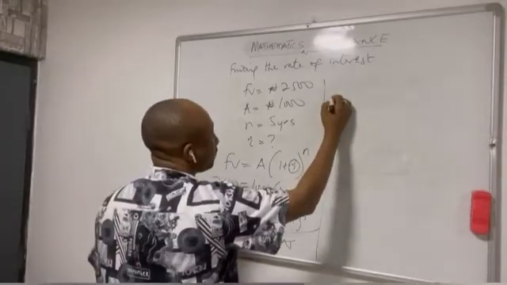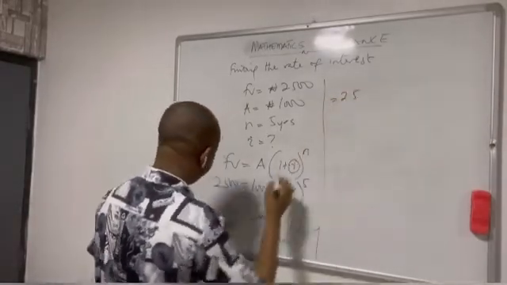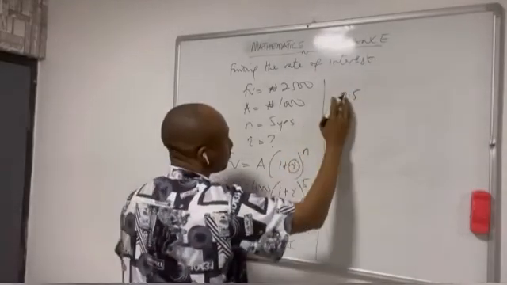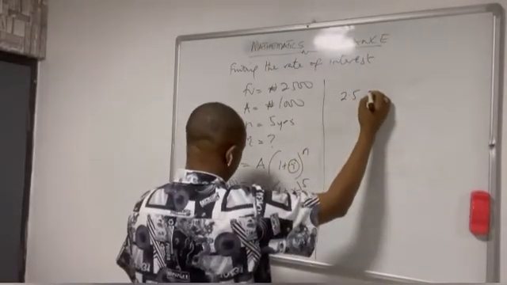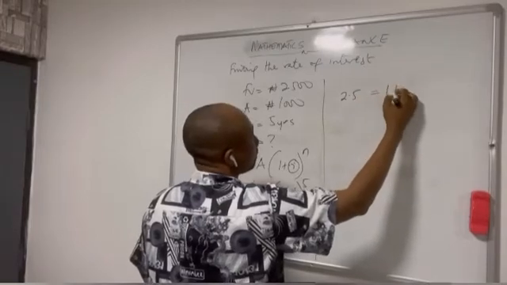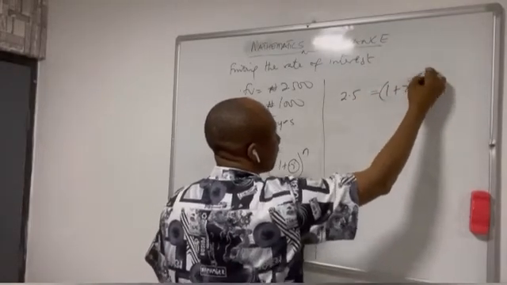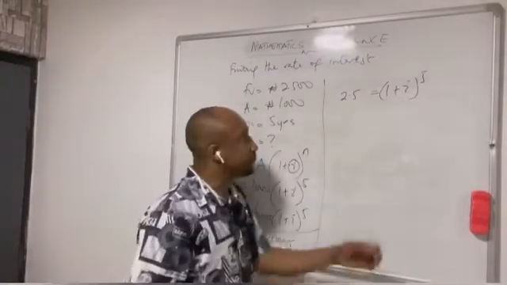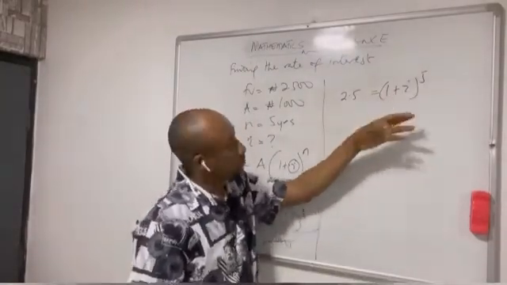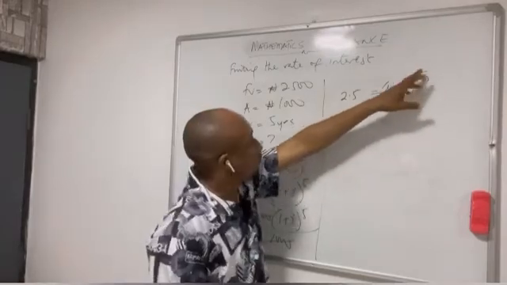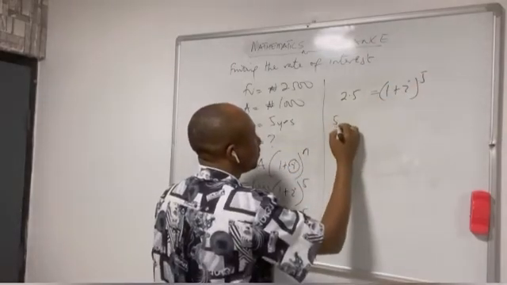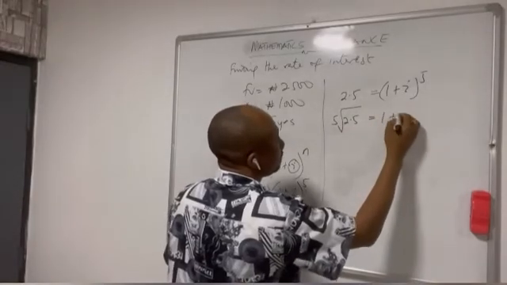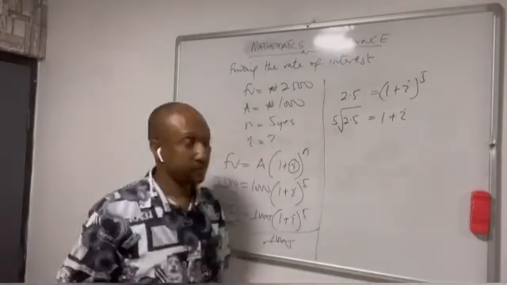Then we have 2.5 equals (1 plus i) raised to power 5. So we then take the fifth root of both sides so that we can bring this down. What we have is the fifth root of 2.5 equal to 1 plus i.